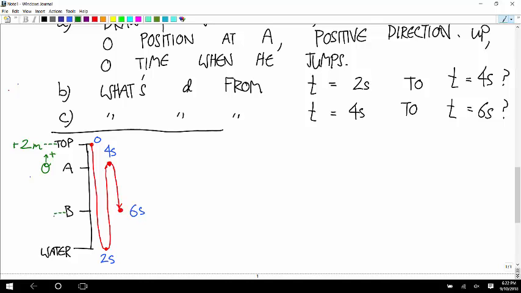This one's 5 meters. So you start at 0, go 5 meters in the negative direction. So this is negative 5. And now starting at negative 5, you go 3 meters in the negative direction. So what's this? Negative 8.